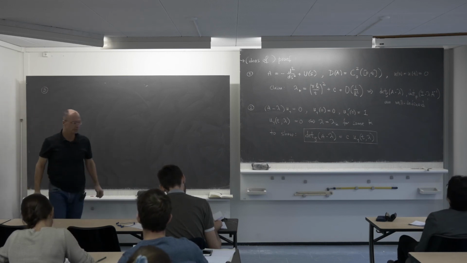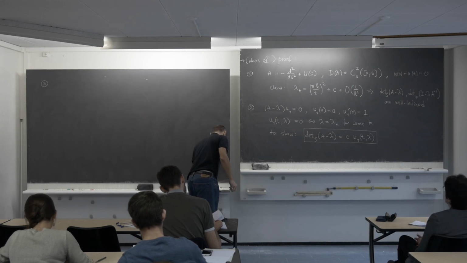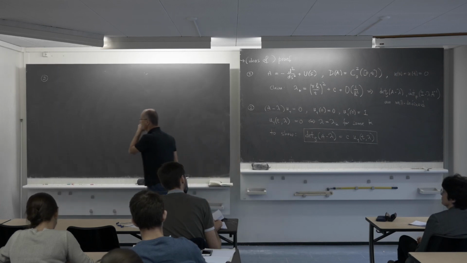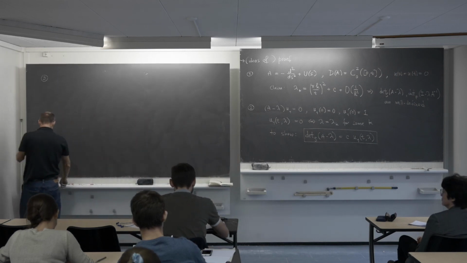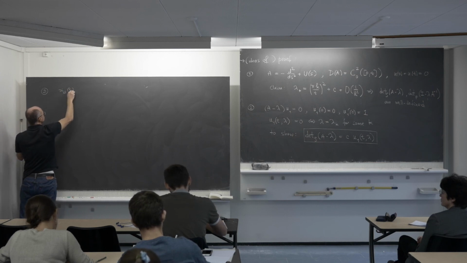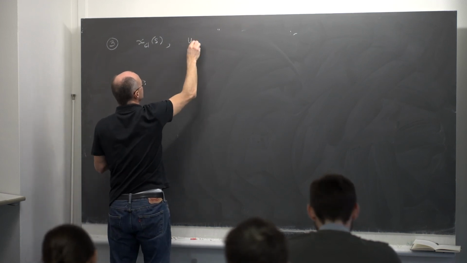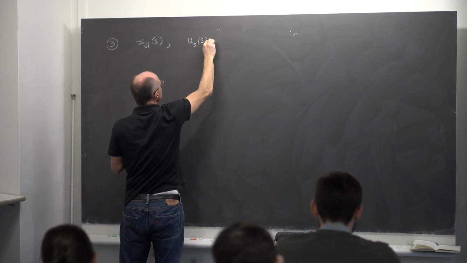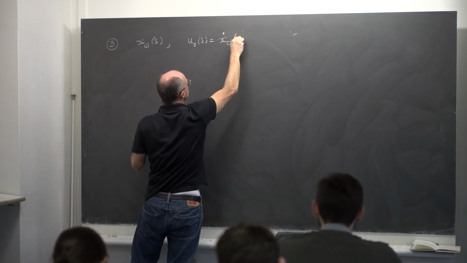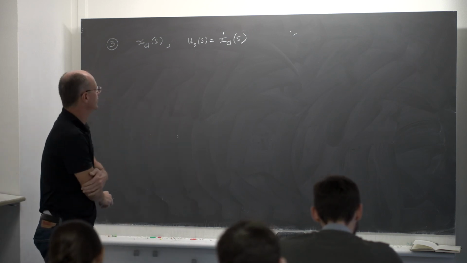Now, there is one more part, which is variational calculus. So let's do the following. We have our classical trajectory, and we can consider, let me call it u naught of s, which is just the derivative on the classical trajectory.